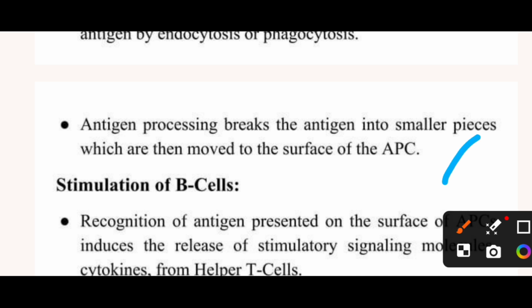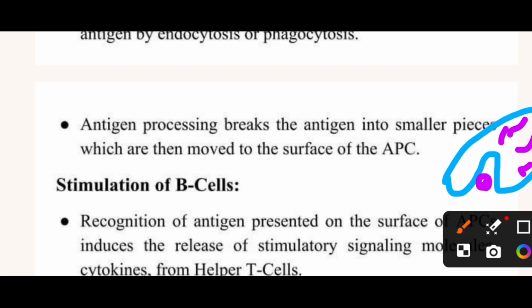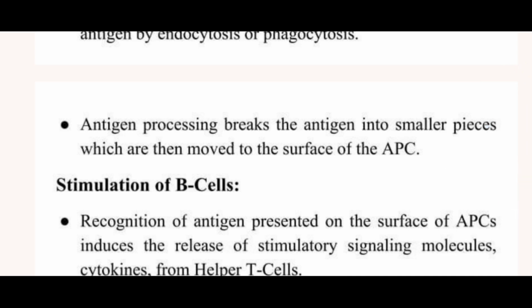So inside the cell, the antigens are broken down, and then they are moved to the surface and presented as an antigen. That's why these cells are called antigen presenting cells.